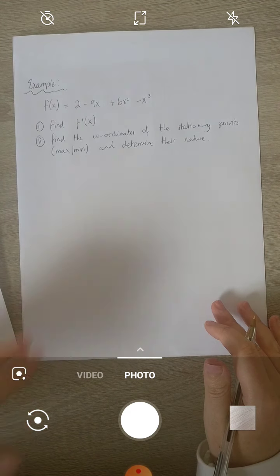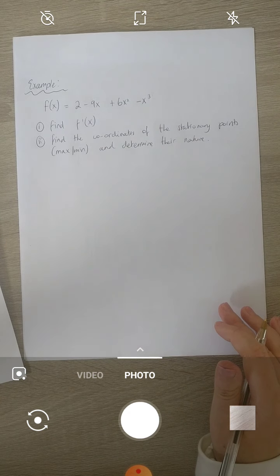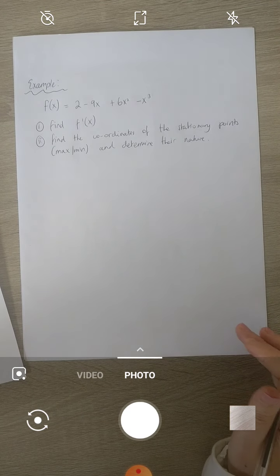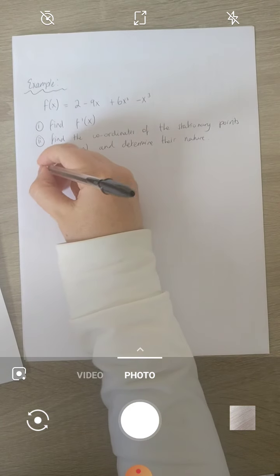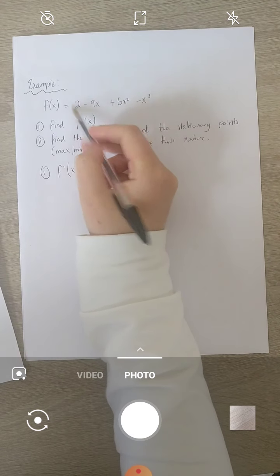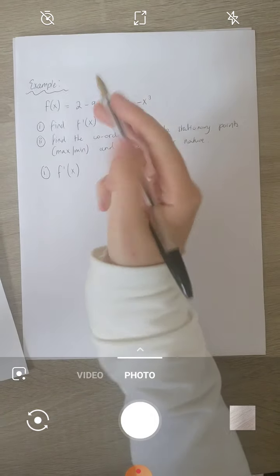It says f of x is equal to 2 minus 9x plus 6x squared minus x cubed. Find f prime of x. So first step here is to find the derivative. For f prime of x, the 2 doesn't have an x, so we're not differentiating that.